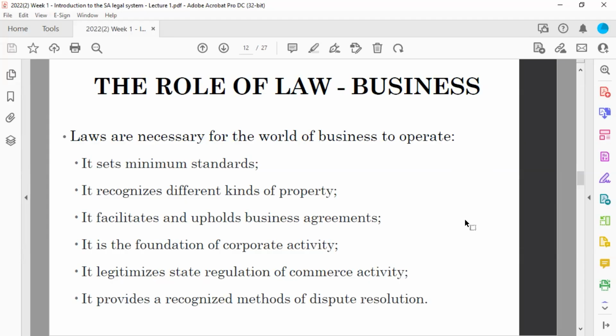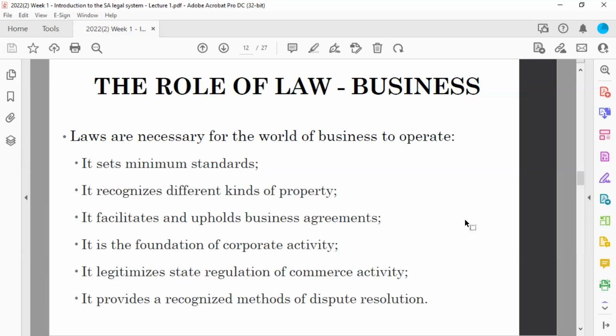So the law recognizes these different kinds of property and also how you should act with that property. Even though I have my own house or flat, I cannot have parties there that disturb the neighbors. So there are laws regulating all of that.